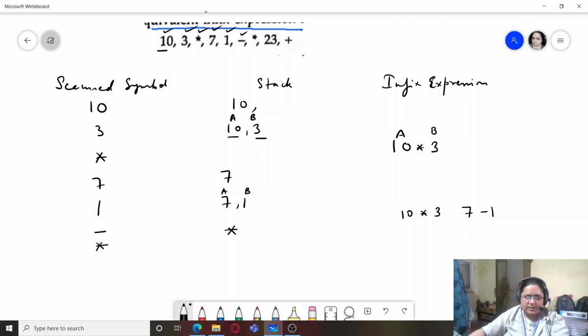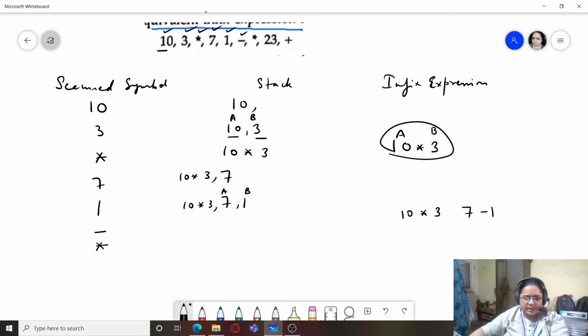Now here what actually happens is whatever is 10 into 3, push it back to the stack. And after 10 into 3, whatever is there on the stack, leave it like that. And whatever is the value will be pushed back to the stack.